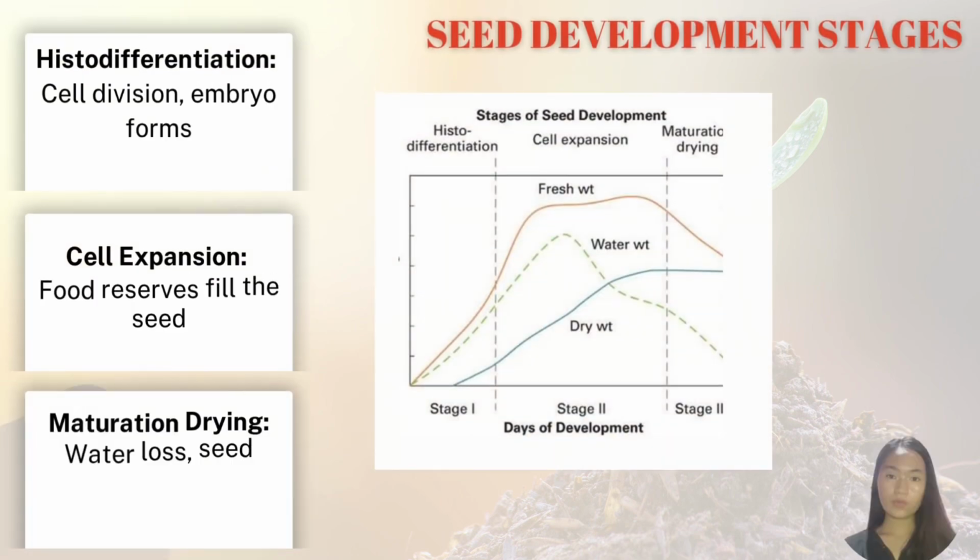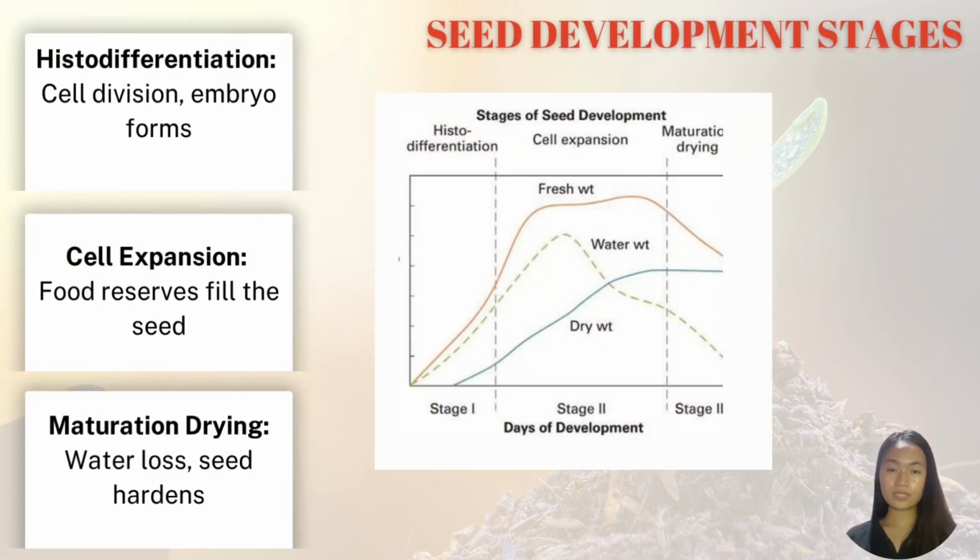So next, we move to seed development, where 3 physiological stages of development are recognized in most seeds. So, the process of seed development happens in 3 stages. So, the first stage is histodifferentiation, where rapid cell division forms the embryo inside the ovule.